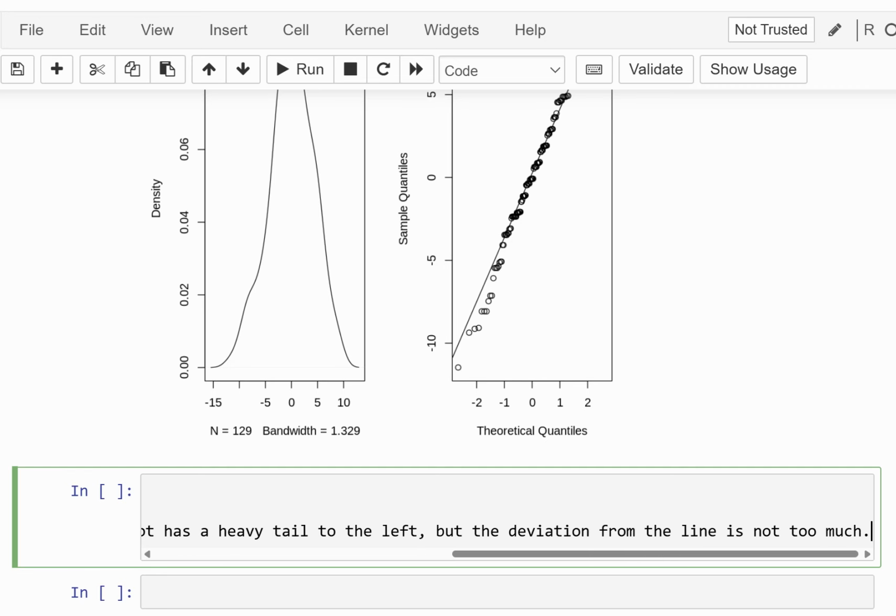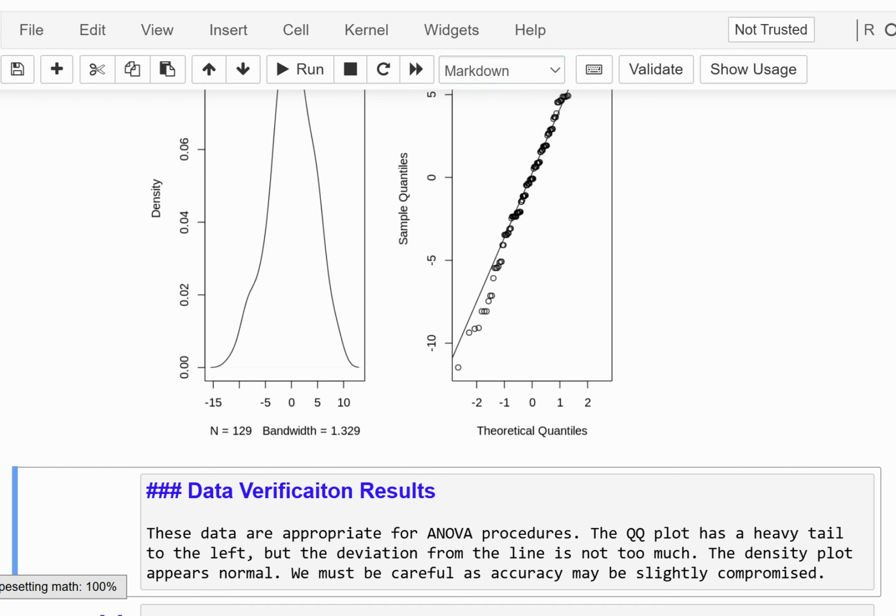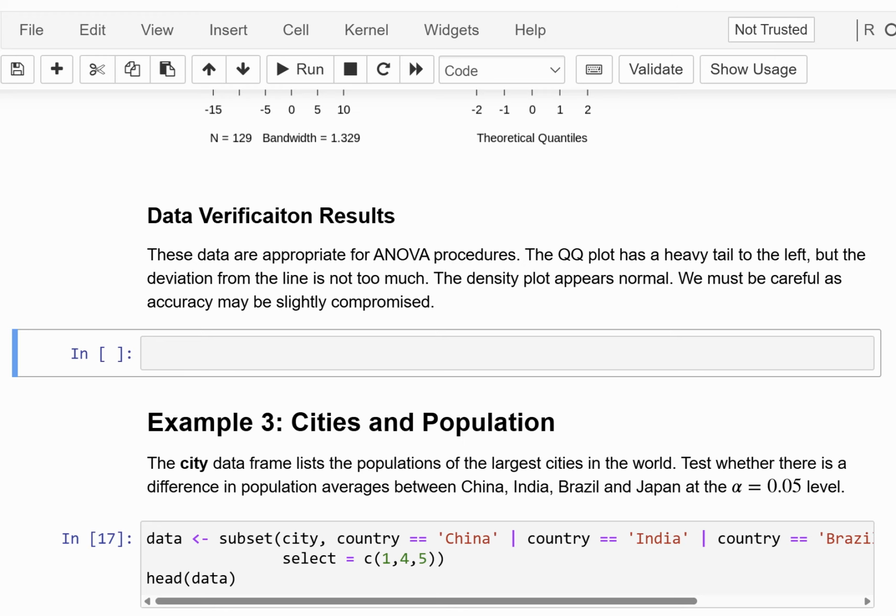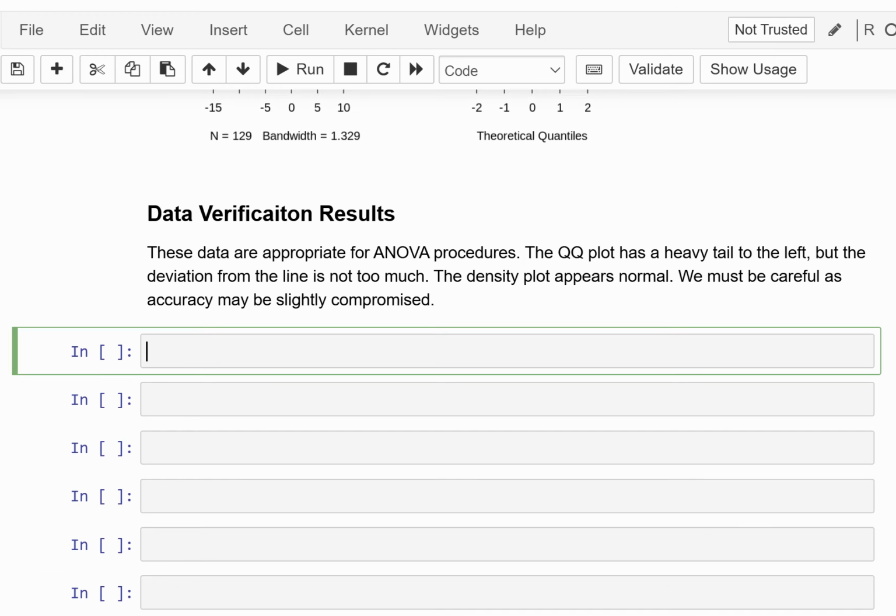We're admitting, okay, the density plot appears normal. We must be careful as accuracy may be slightly, and I mean very, very slightly compromised. But the data are okay for Anova procedures, and you know, we're going to go with this, right? This is going to be fine.